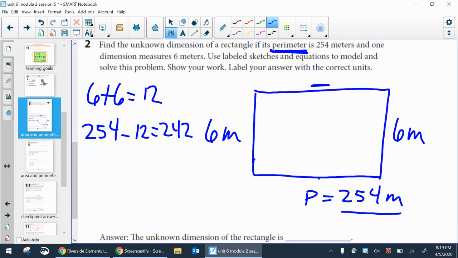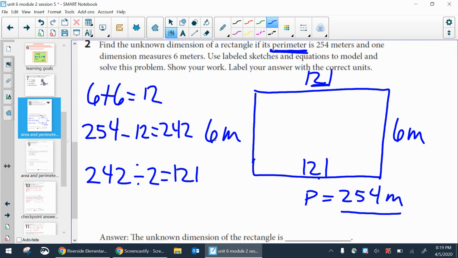So what I can do is have 242, and that would get me to 121 meters. So this dimension is 121, this dimension is 121.